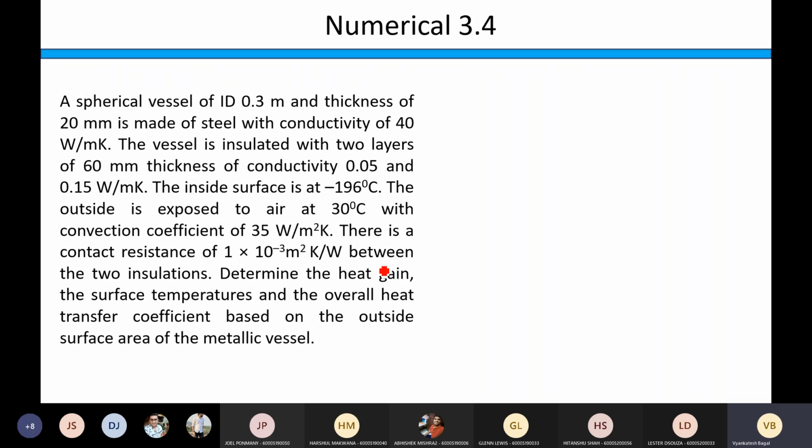Now it is time to solve a numerical based on this hollow sphere. So take down this numerical 3.4.